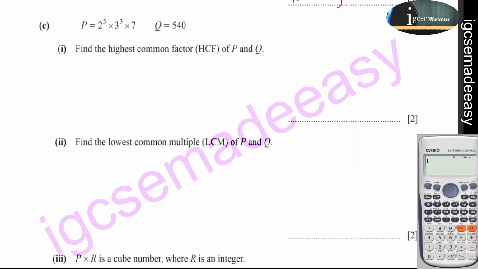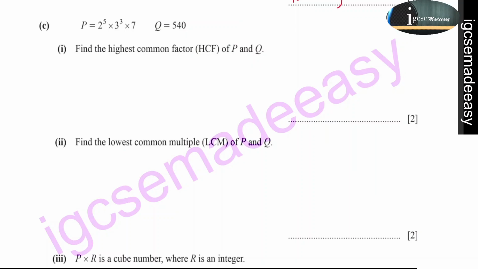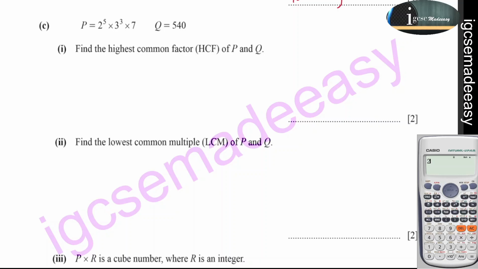Part C, find the highest common factor, HCF, of P and Q. So let's find out what is the value of P. 2 raised to power 5 times 3 raised to power 3 times 7 is equal to 6048. So the value of P is 6048, and the value of Q is already known.